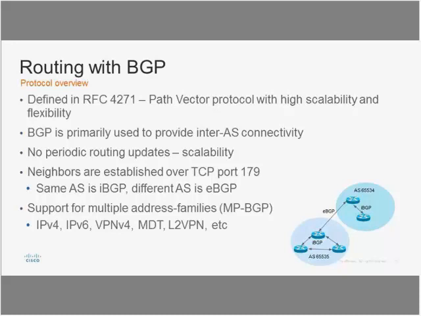So now you can have peering for IPv4, IPv6, VPNv4, which is basically used for MPLS VPN scenarios, and VPNv6 as well, which is for 6PE or 6VPE, so MPLS VPN for IPv6. You can also have MDT or L2VPN. So you can not just have MPLS L3 VPNs configured via BGP, but you can have the control plane running for L2VPN as well, which was earlier not possible. It came later on with new RFCs and developments.